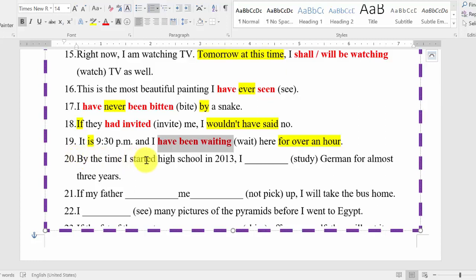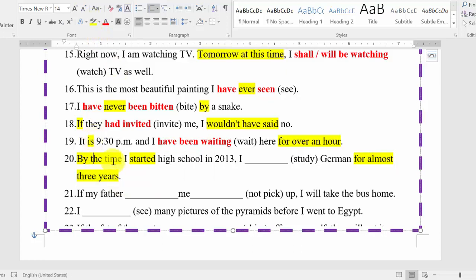Twenty. By the time I started high school in 2013, I what German for almost 3 years. Okay, so here your keywords are by the time, started, and for almost 3 years.